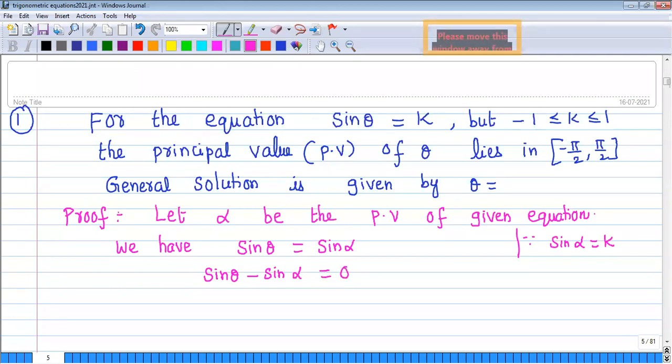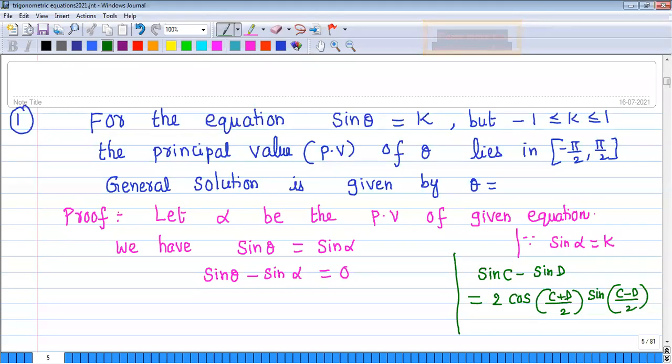So in transformations, you have studied one concept. Sin C minus sin D is equal to 2 cos of C plus D by 2 sin of C minus D by 2. Am I correct?